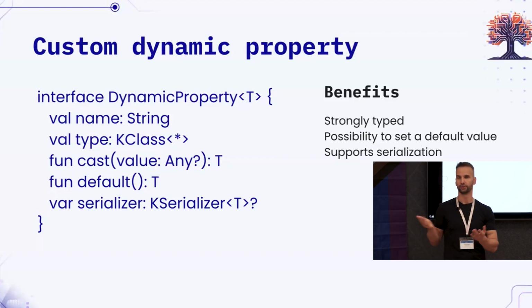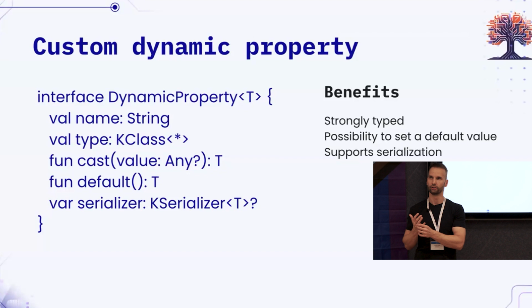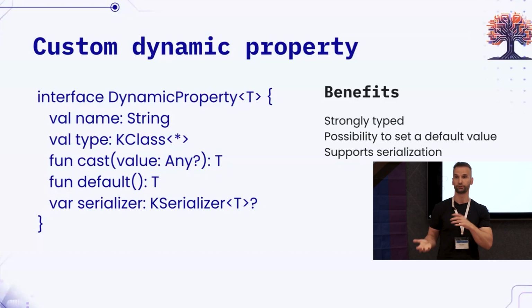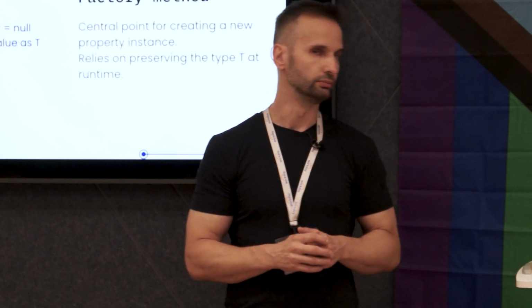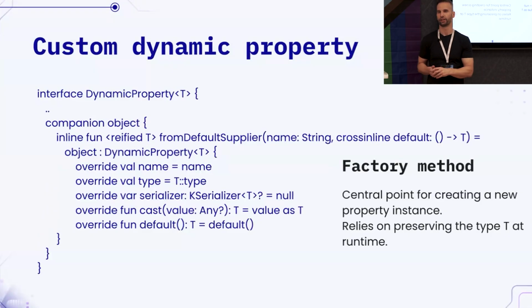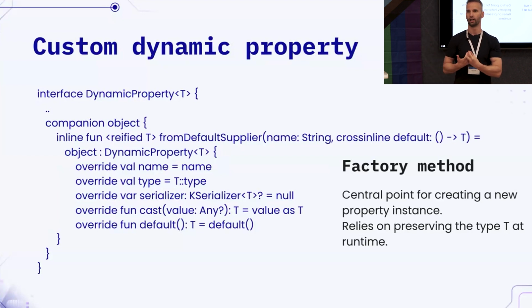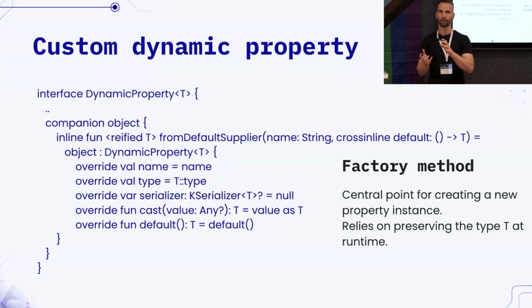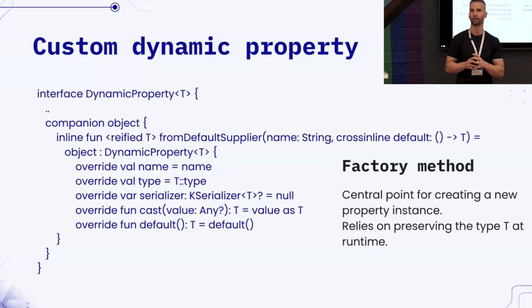That gives me some of the features I wanted: a stronger type, the possibility to set a default value, and support for serialization. With that, I was then able to provide a constructor, which in this case is like a factory method. I chose to use an inline function because I wanted to use information about the actual type.